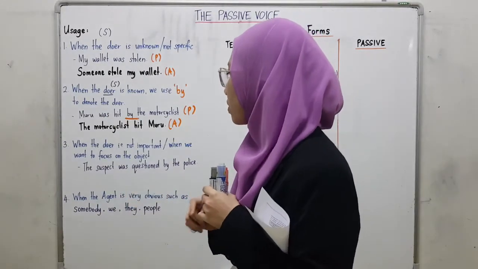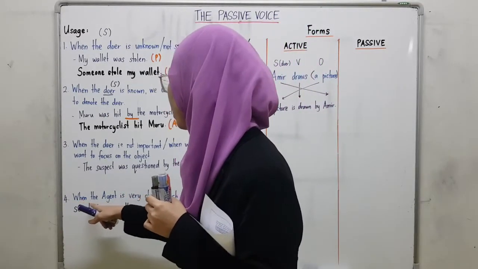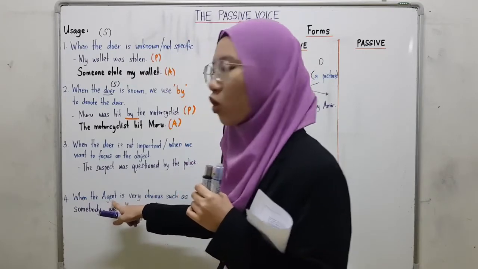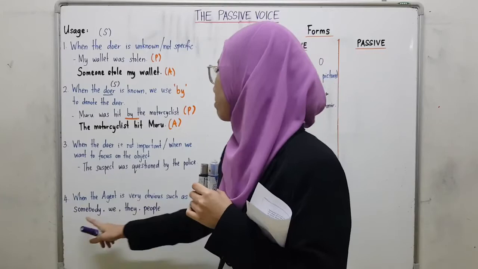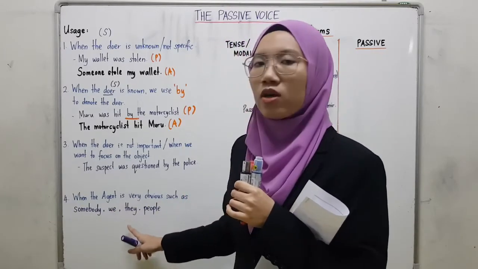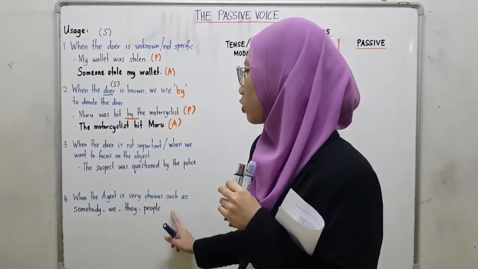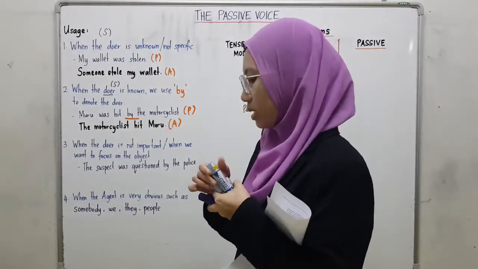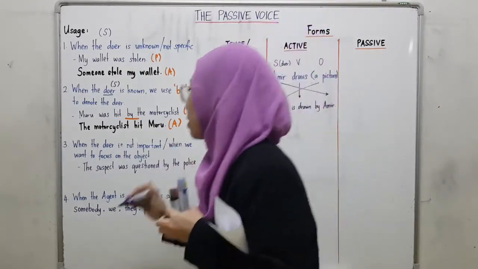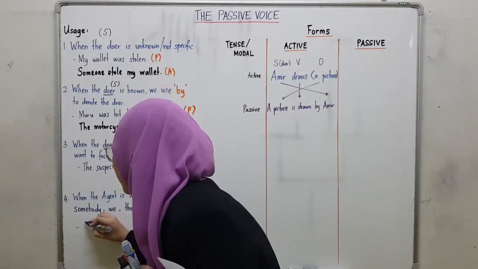Okay, so next, number 4, when the agent, so agent tu objek tadi, when the agent is very obvious, such as somebody, we, they, or people. So kat sini usually kita takkan tulis siapa agent dia. Okay, for example, English is spoken here.